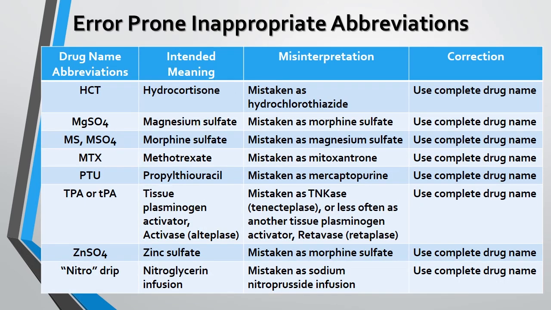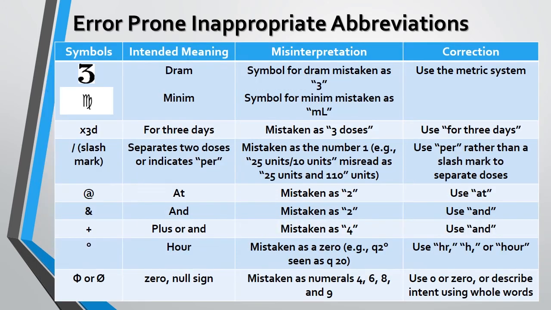Inappropriate abbreviations written for generic drugs can be misinterpreted as other drugs, so the correction to avoid those errors is to use the complete drug name. The symbols mentioned above can result in error as an extra figure.